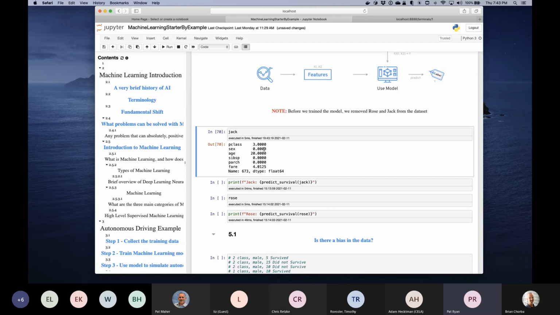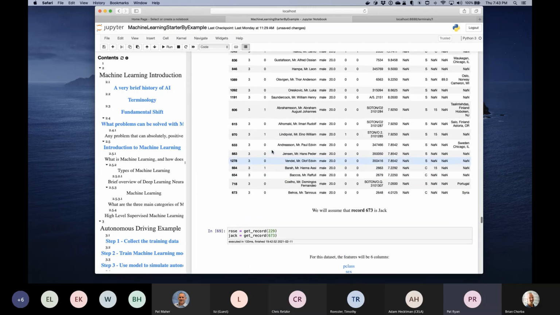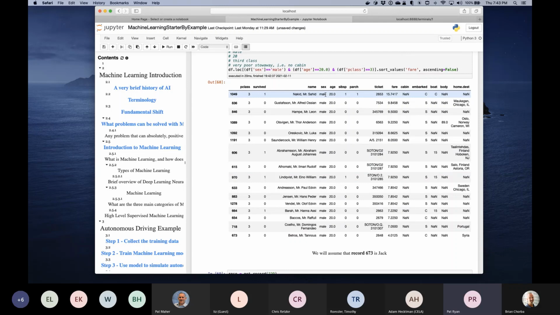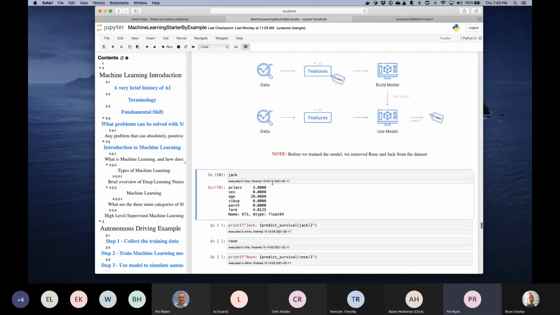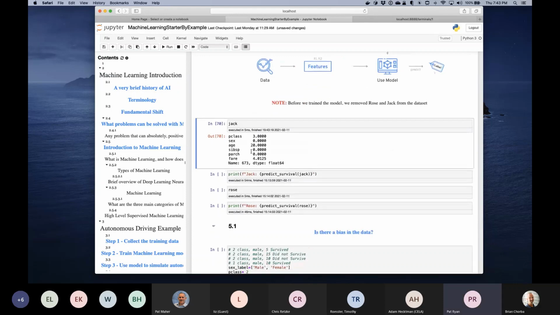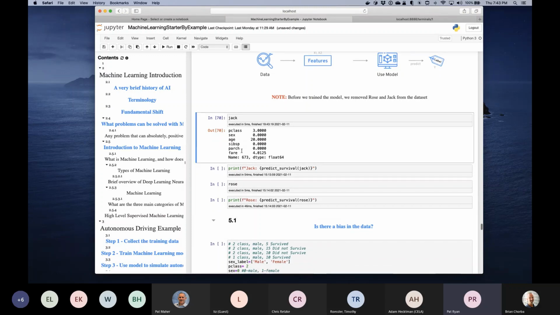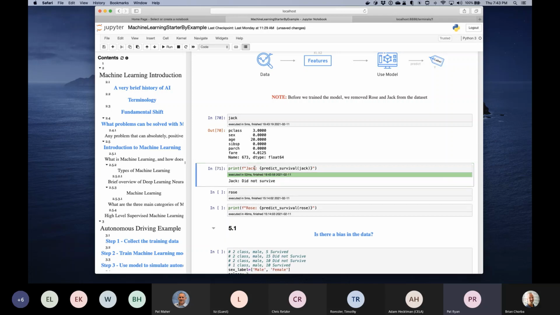So even though the sex out of the data set was the string male or the string female, we had to change that into a number. So age 20, there was no sibling or spouse. It was just Jack. No parents or children traveling with him. It was just him and a very low fare. So we're going to use this data to try to predict if someone that matches that set of demographics would survive or not. And again, spoiler alert, in case you don't know, Jack does not survive.